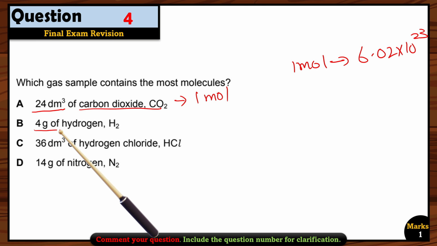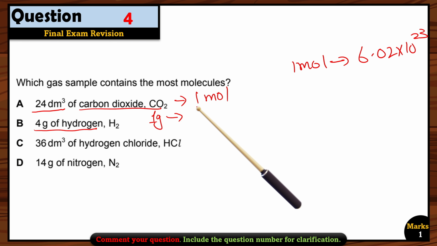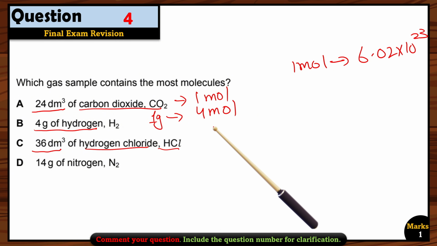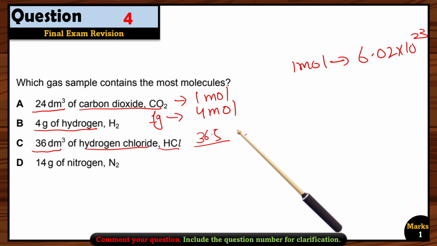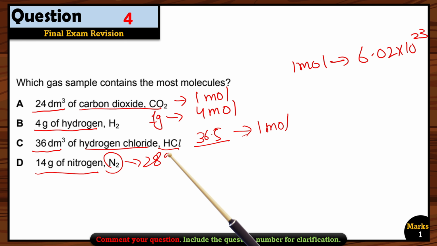Now we have 4 gram of hydrogen. Hydrogen mass is 1 gram, right? So it means it is actually 4 moles of hydrogen. Let's see 36 dm cube of hydrogen chloride. Hydrogen chloride mass is actually 36.5, right? So it is also almost 1 mole. Now let's see the nitrogen. Nitrogen is 14 gram, but its mass should be 28 gram, right?